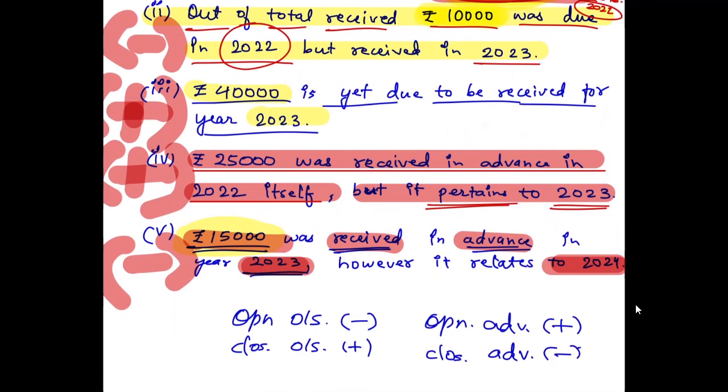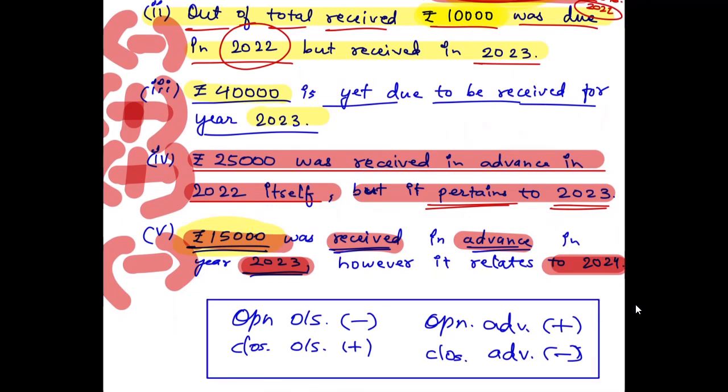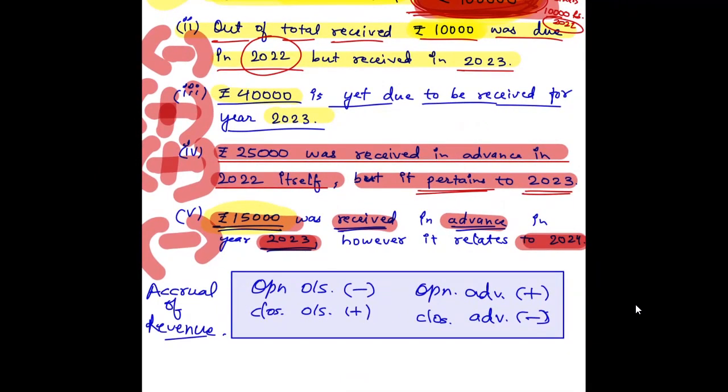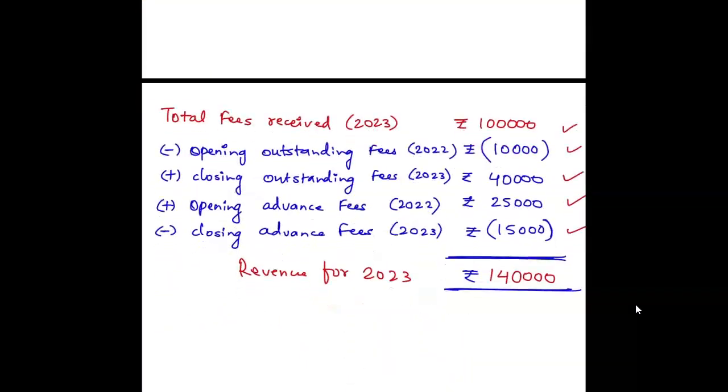This is the whole adjustment I have done for the accrual of revenue. Opening outstanding deducted, closing outstanding added, then opening advance added because it was for the current year, and closing advance minus because it will be for the next year. That is the whole adjustment which I have done till now. Any doubt, anyone?